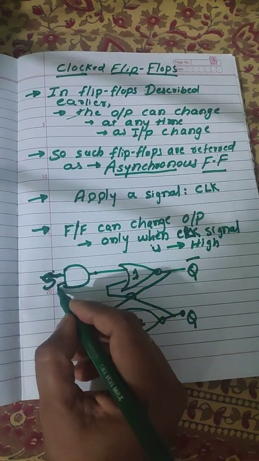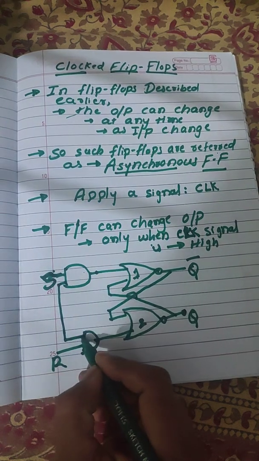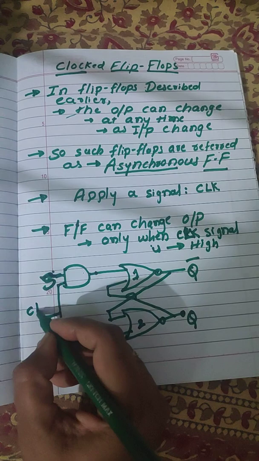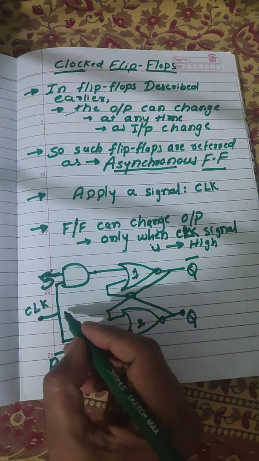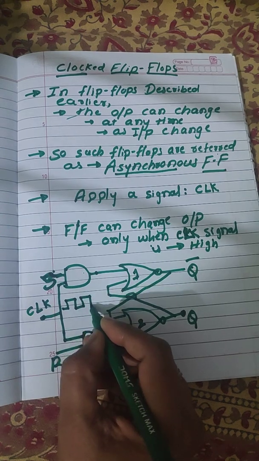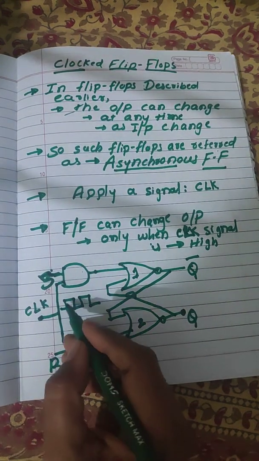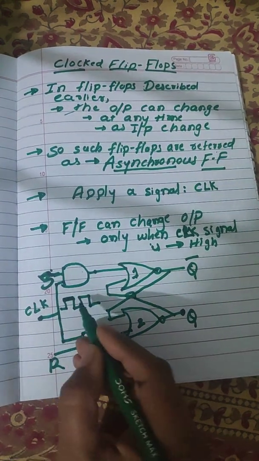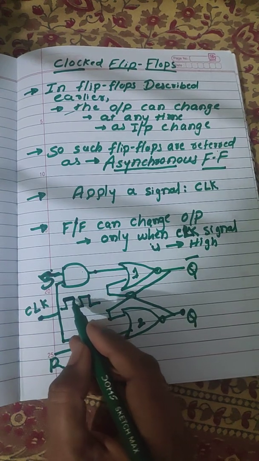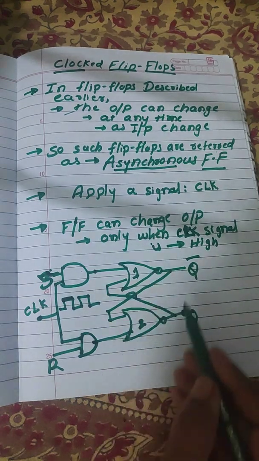Each AND gate has two inputs. The second input of both the AND gates is shorted and given to the clock signal. What is the clock signal? It is nothing but a square wave kind of signal. So only when the clock is at the high state, the flip-flop works.